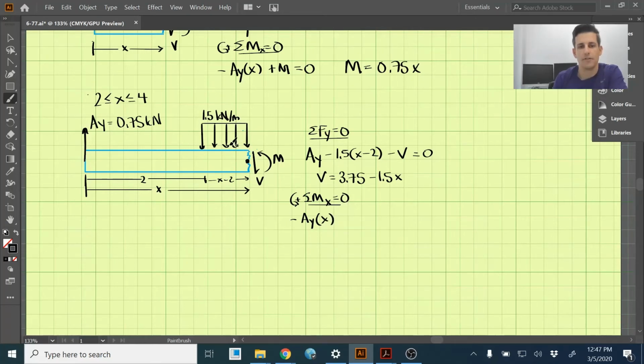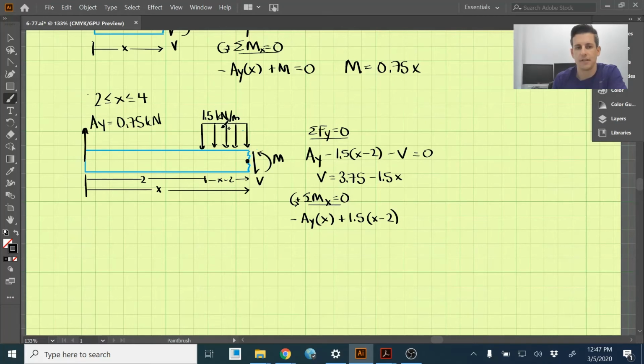And then we have this distributed load here. We've already found that our distributed load is downward, so it's going to create a counterclockwise moment, which will be positive. The total of the distributed load is 1.5 times this distance, which is x minus 2.